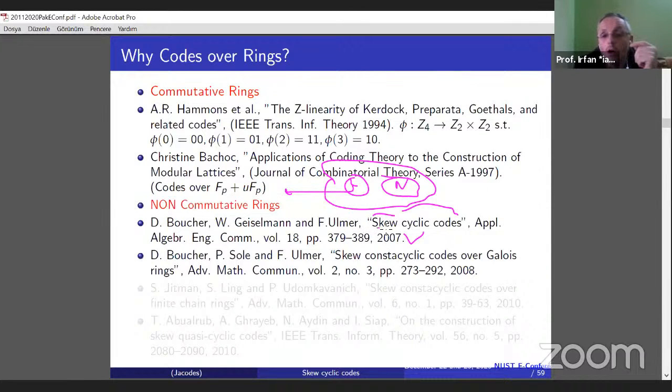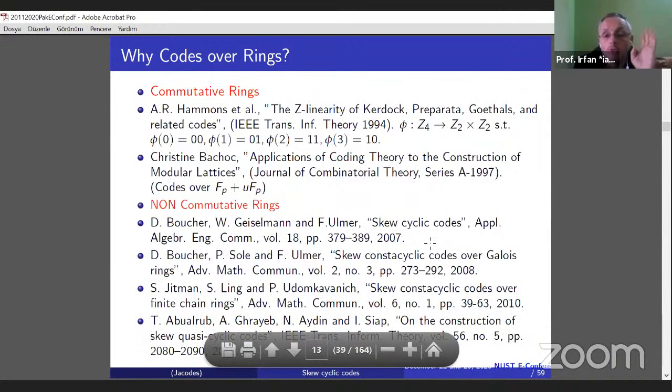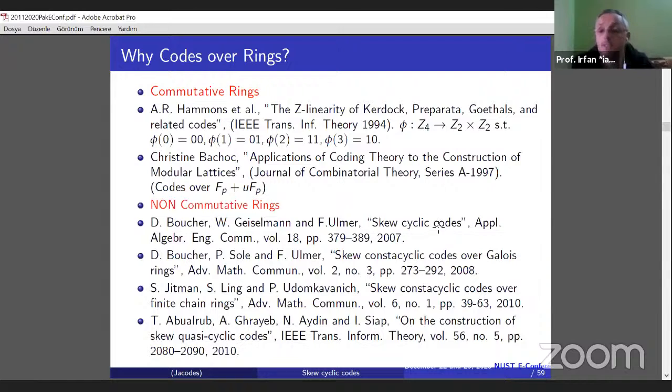But with the skew part, we can still pick linear ones which were not studied before. And that's also very important. And since this paper, there have been many works, and today we are going to see a work on this specific area, meaning using skew structure to study codes.